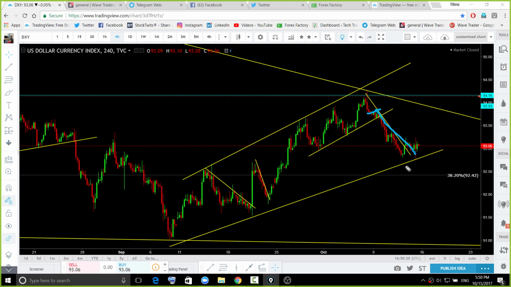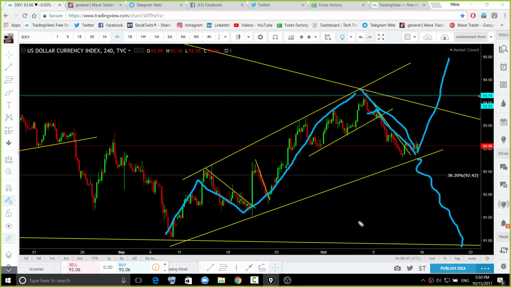But the current formation is showing us that price can go both ways. It can rise back within that formation, or it can continue to the downside. So both ways are possible.